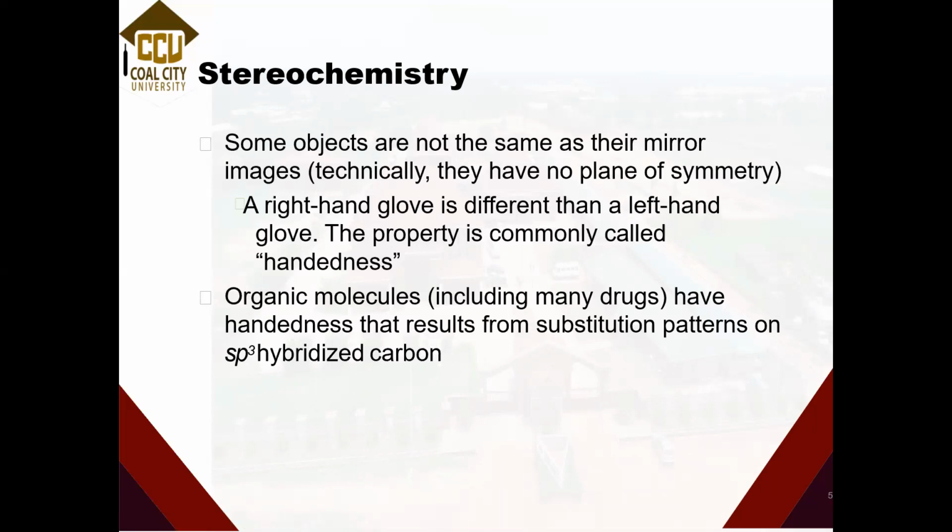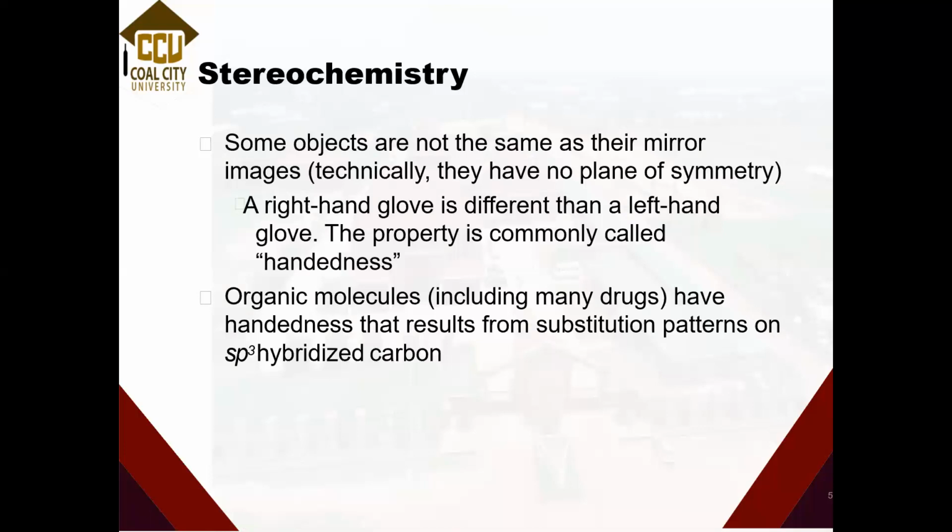For instance, a right-hand glove is different from a left-hand glove. You cannot put your left-hand glove on your right hand, just as you cannot put your right shoe on your left foot, because they have a property we call handedness. Likewise, organic molecules, including many drugs, have handedness. Many drugs, like cocaine and morphine, have handedness.